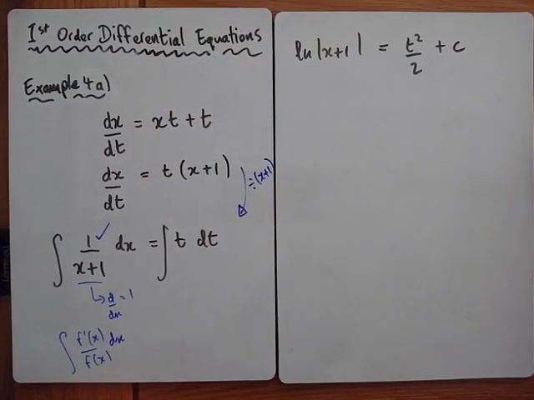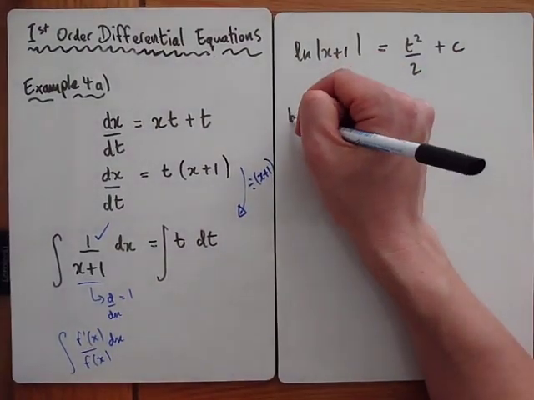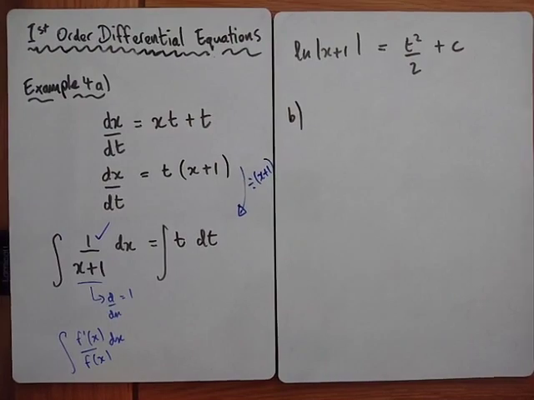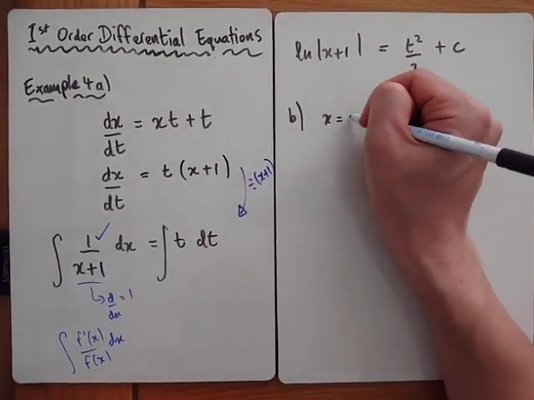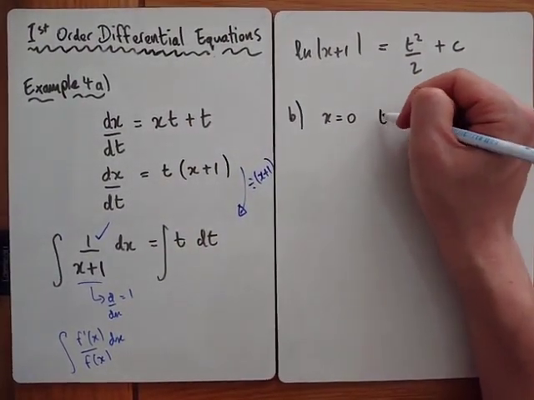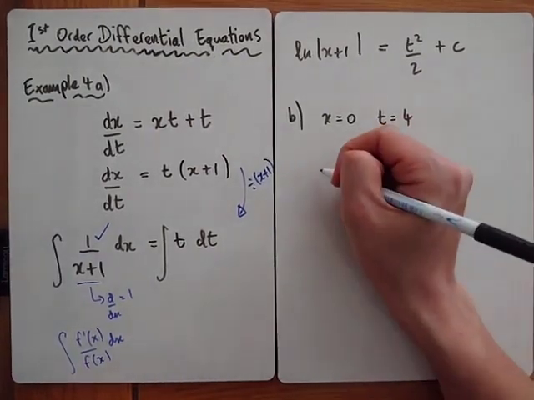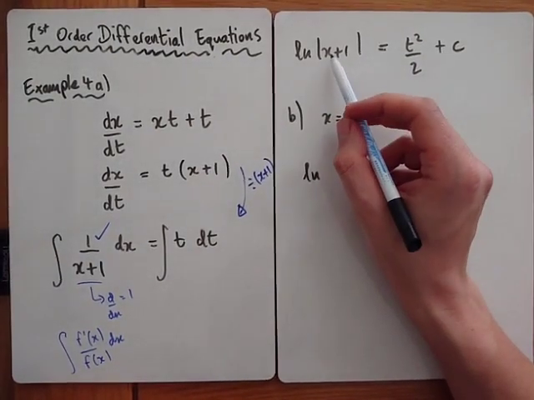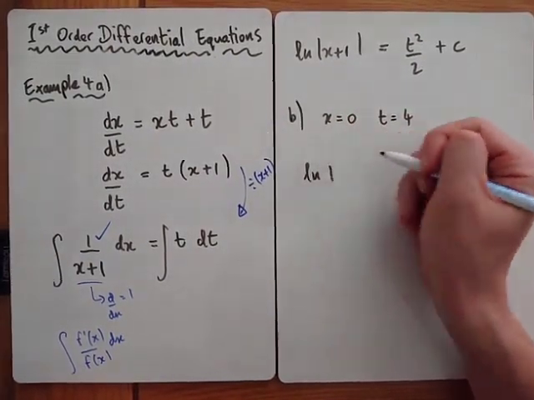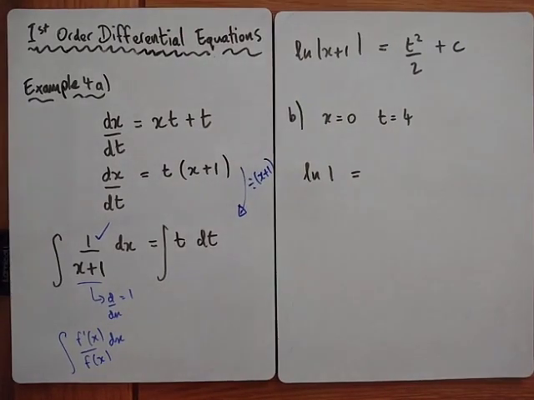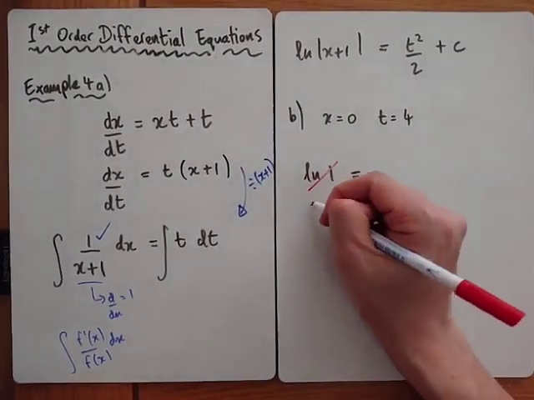And does it say to write it in a certain form? No, actually on the sheet it leaves it like that, so I'm going to leave it like that. Okay, part B gives us the coordinates x equals 0, t equals 4. So we'd have ln, if you substitute 0 in, you've got 0 plus 1, so ln of 1. Don't forget guys, ln of 1 is equal to 0.